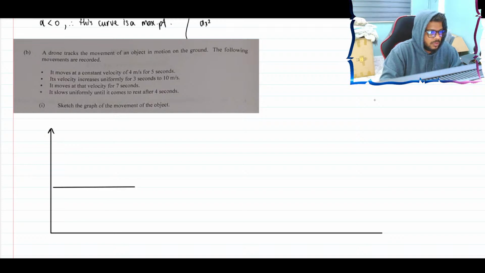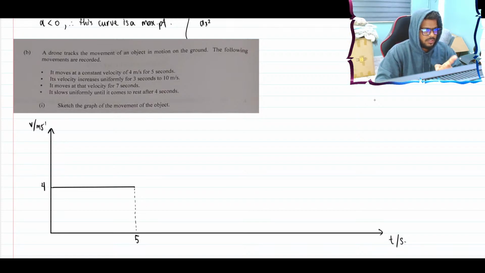Sketch the graph. This is my velocity in meters per second, and this is my time in seconds. So at 4 meters per second, it moved for 5 seconds.